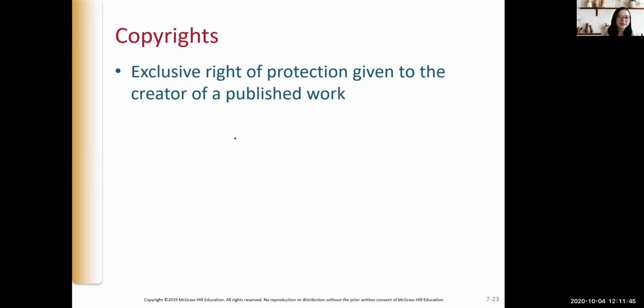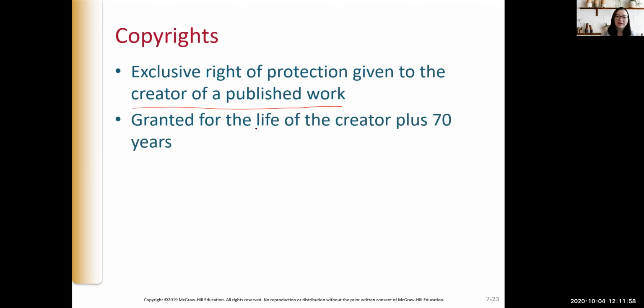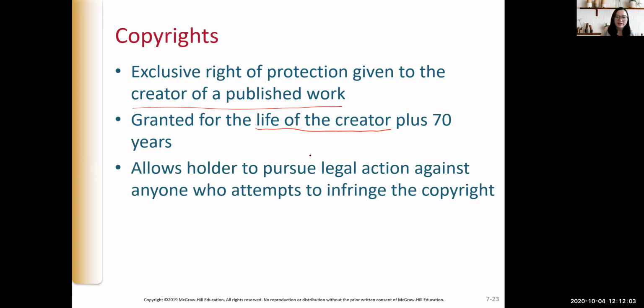Okay, copyrights. It's an exclusive right of protection given to the creator of published works, such as movies, journals, publications, authors' books. It's granted for the life of the creator plus 70 years. And it allows the holder to pursue legal action against anyone who attempts to infringe the copyright.